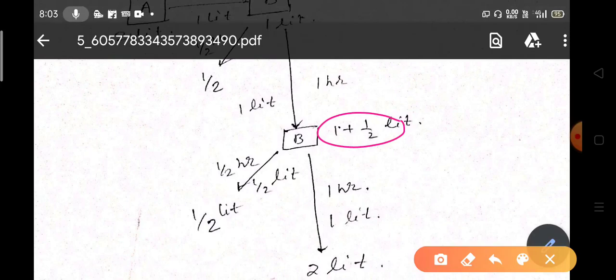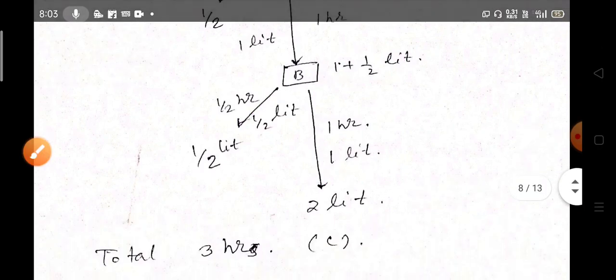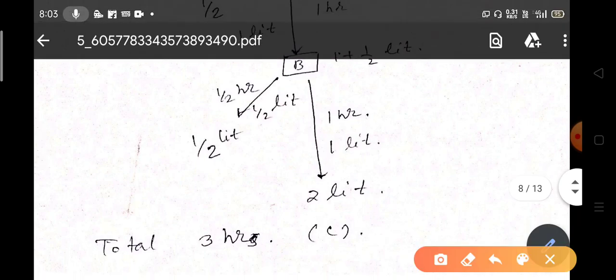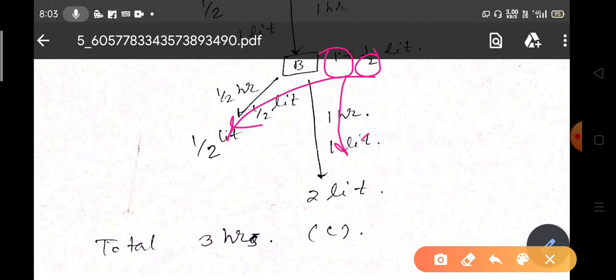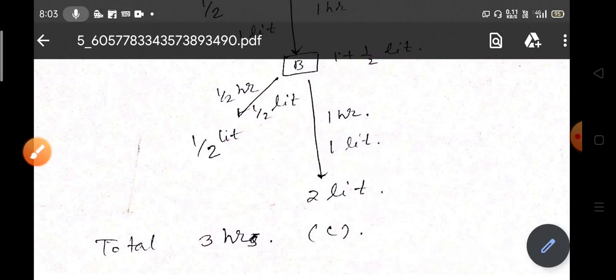Now in B it will also return back half liter within half hour, and after 1 hour it will take 1 liter. So this half liter will be returned back to A and 1 liter will be remaining, and this 1 liter will be added to the 1 liter that A is giving within the 1 hour. So B now has 2 liters of water.